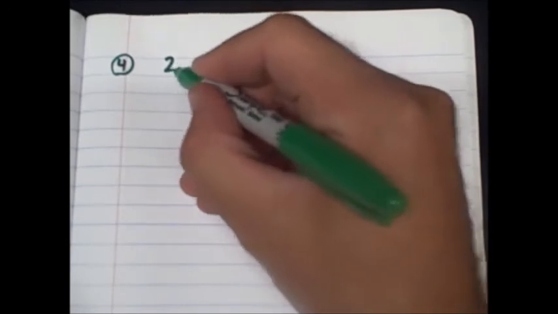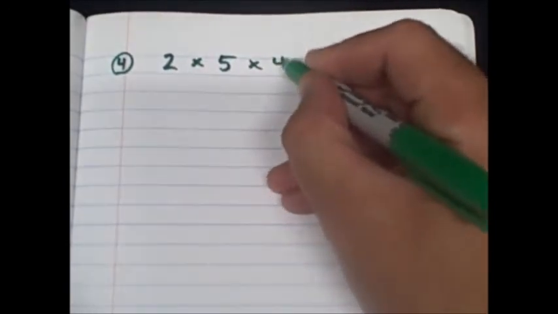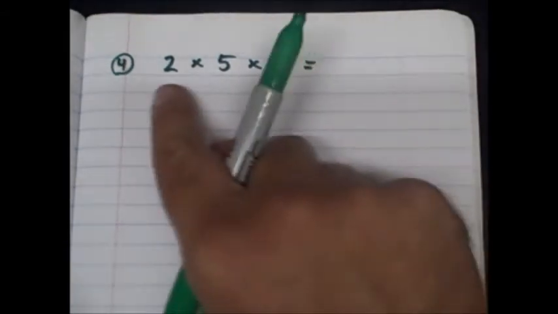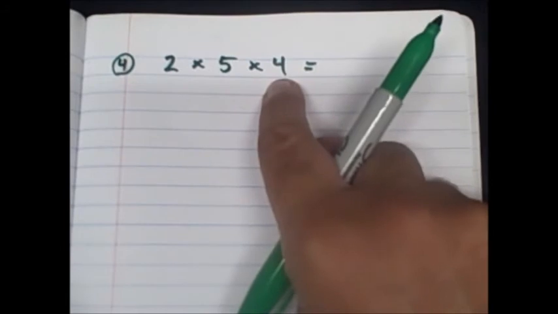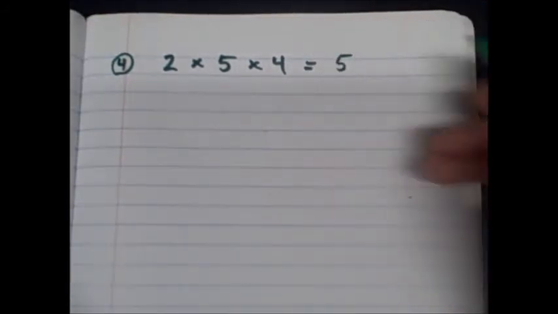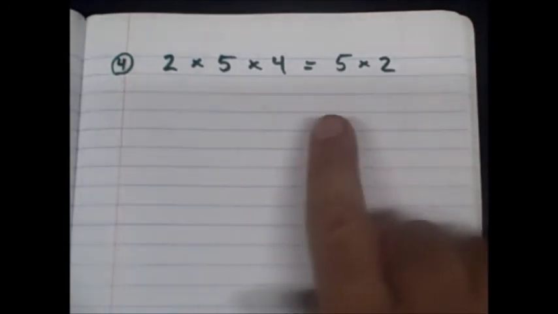Number 4, we're going to do 2 times 5 times 4 equals. And then I'm going to use these same factors, but I'm going to mix them around. So I'm going to put the 5 first, and then the 2. And of course, I want to make sure I have the same ones.